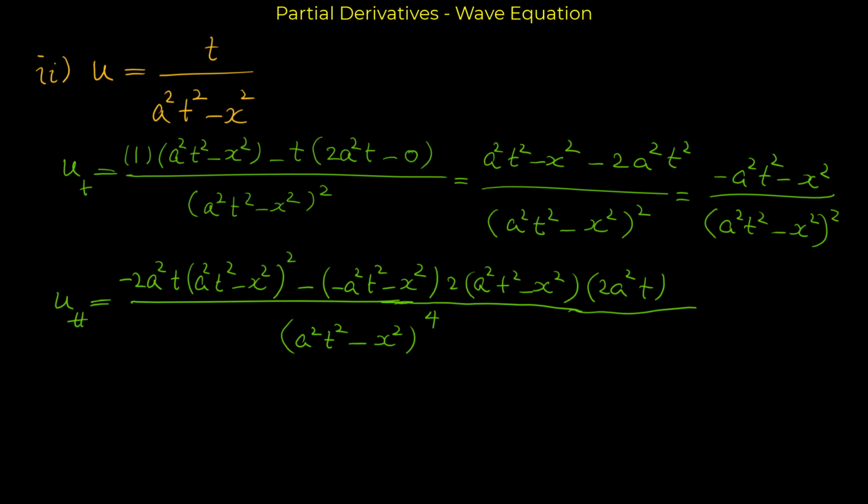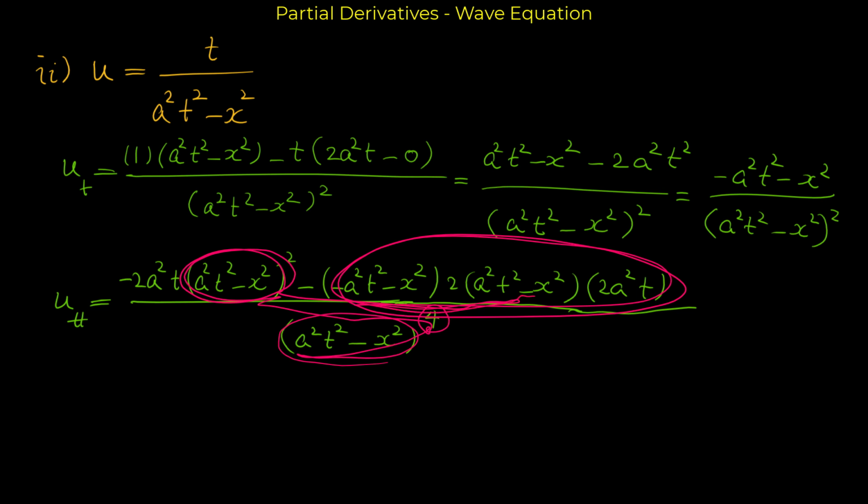Now we have to simplify this. Please pay attention to what I explained to you here. We have a²t² minus x² here to the power of 4. We have a similar thing here, and in this big term also we have a²t² minus x².